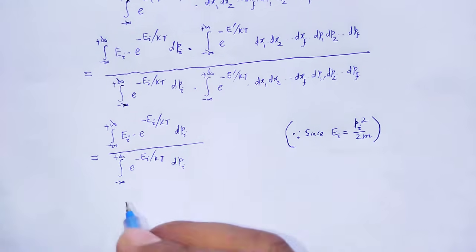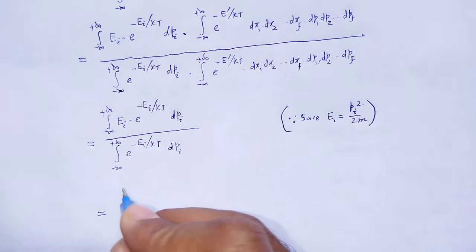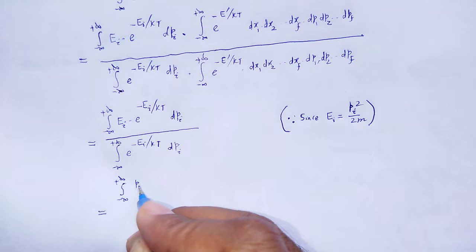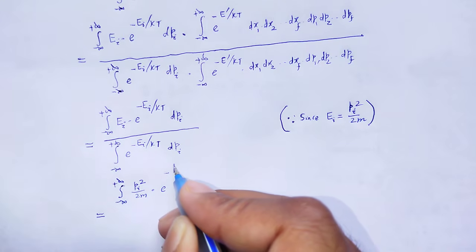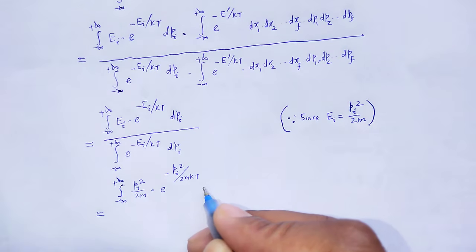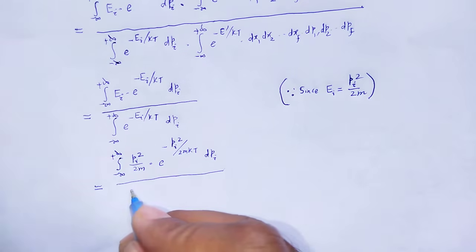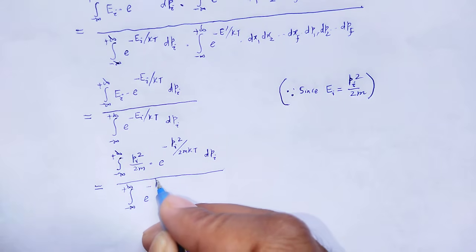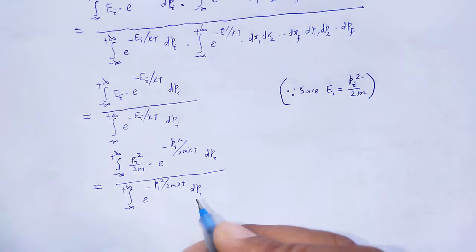So that integral is now written as, in place of ei we substitute, integration over minus infinity to plus infinity, pi square divided by 2m into e to the power minus pi square divided by 2m kt dpi whole divided by, next, integration of minus infinity to plus infinity e to the power minus pi square divided by 2m kt dpi.